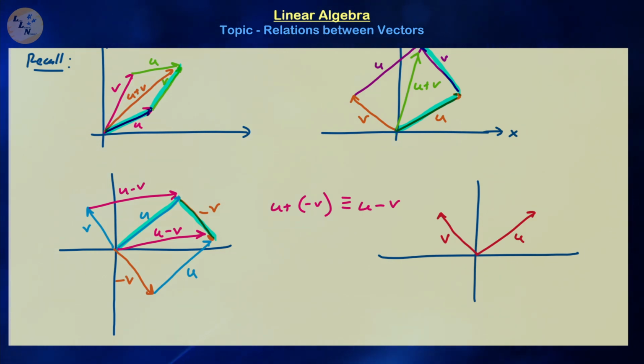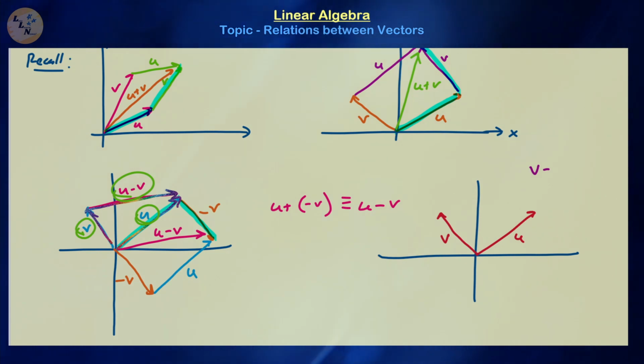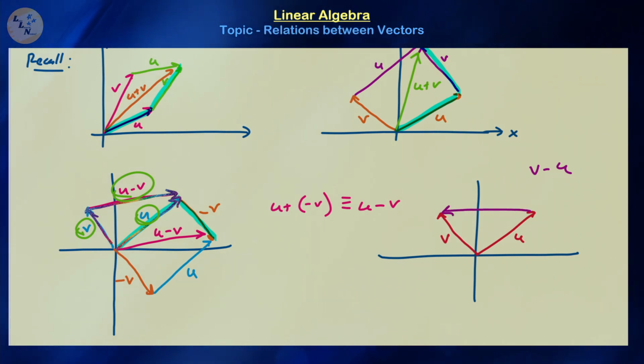If I'm only focused on 3 vectors, in particular these 3, that is u, this is v, and this is u minus v, notice that u minus v is pointing towards u and away from v. So if we use that particular structure and one asks, where is v minus u, then that should be towards vector v and away from u. So towards v away from u would be that vector there.